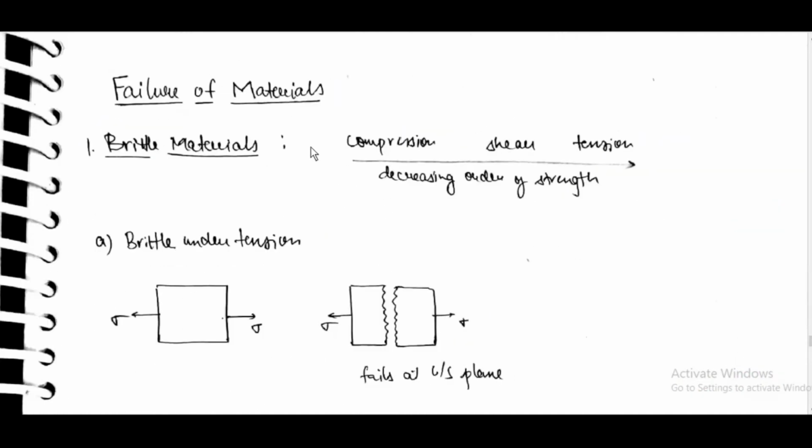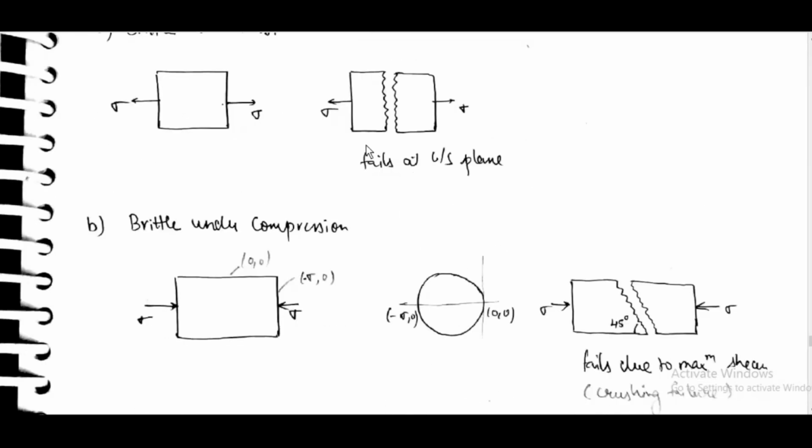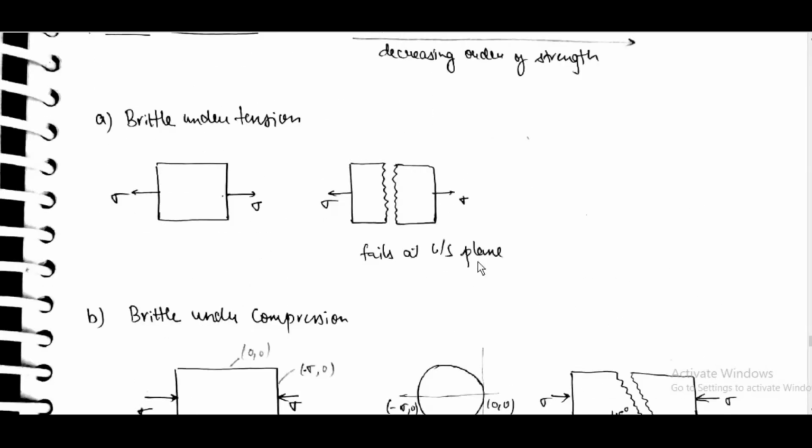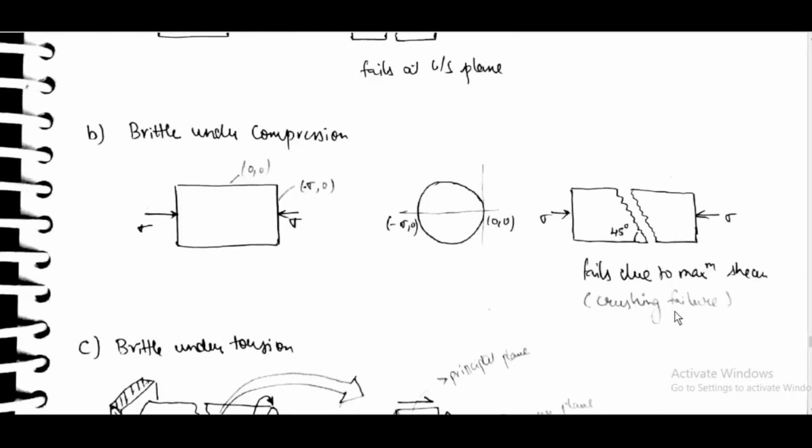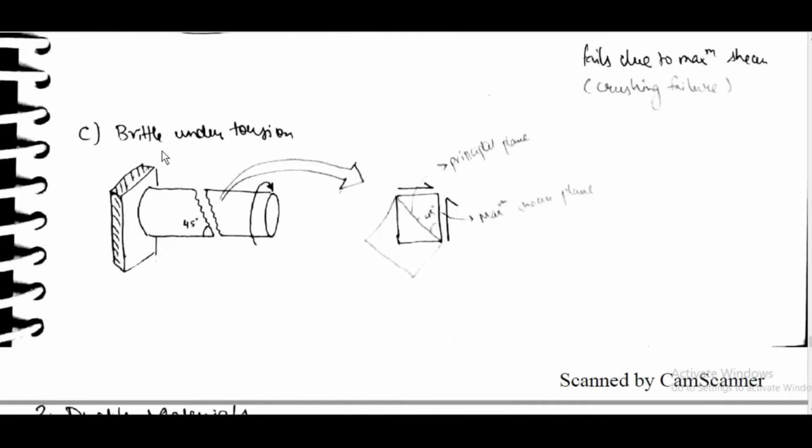Failure of materials. Brittle materials: compression, shear, tension is the decreasing order of strength. Brittle materials are stronger in compression and shear and weaker in tension. Brittle material under tension fails at the cross section like this. Brittle material under compression fails due to maximum shear, a crushing failure, at 45 degrees like this.